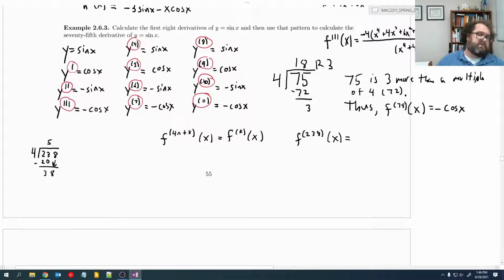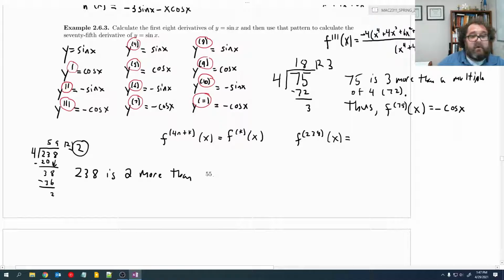Now how many times does 4 go into 38? 9. 4 times 9 is 36. Subtract. We get a remainder of 2. Let me double check my arithmetic really fast. 4 times 59 is 236. Yeah, remainder of 2.